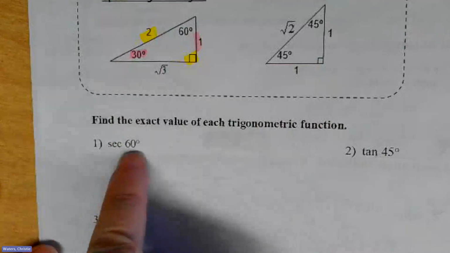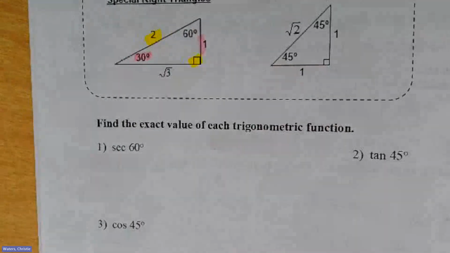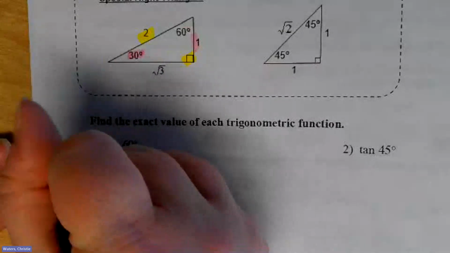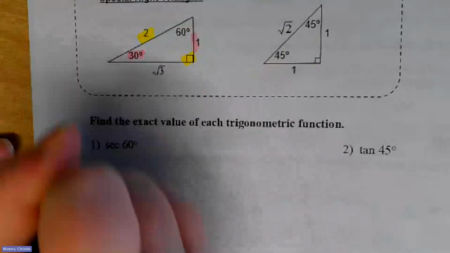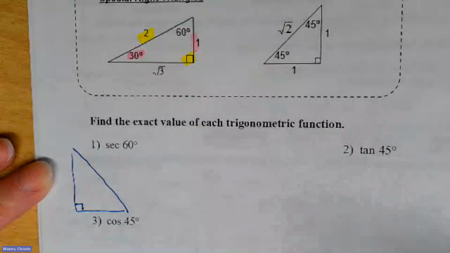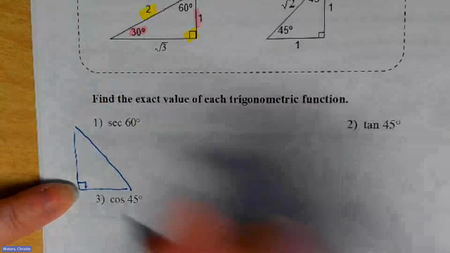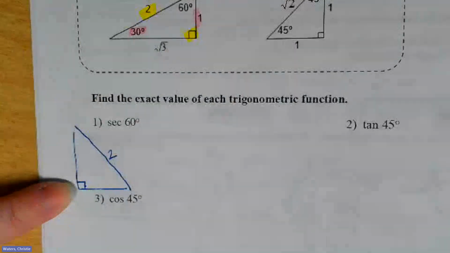Because I see a 60-degree angle here, I'm going to start by just sketching out my 30, 60, 90 triangle. You can draw it kind of facing any direction you want, as long as you get all the labels in the right place. So if I put the 90-degree angle here, that means my longest side of 2 should be across from that.